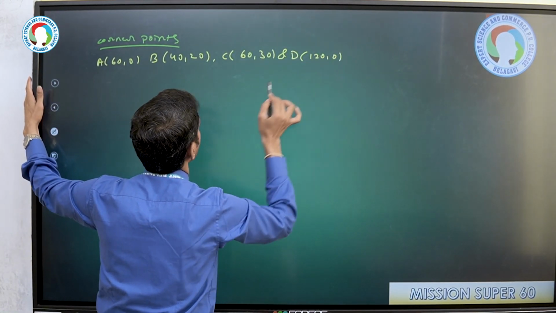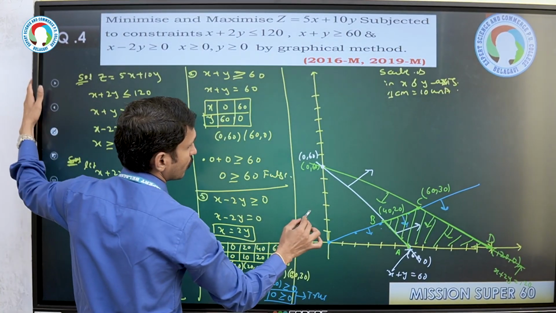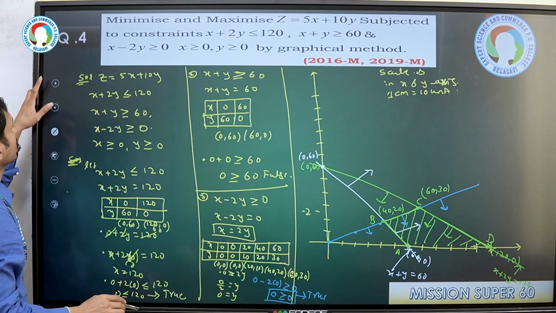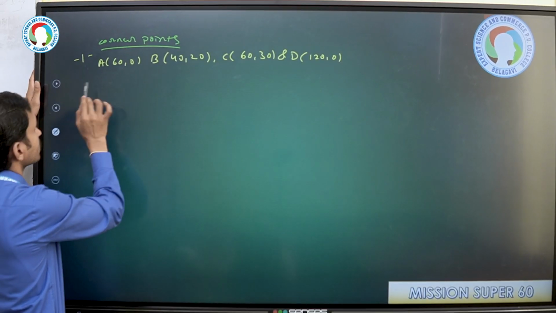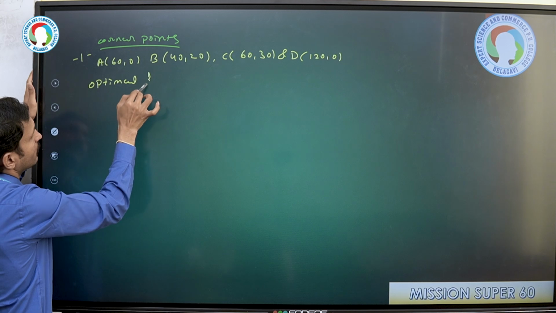So this is for 1 mark, and this is for 2 marks, 3 marks. And you want to prepare the objective function.